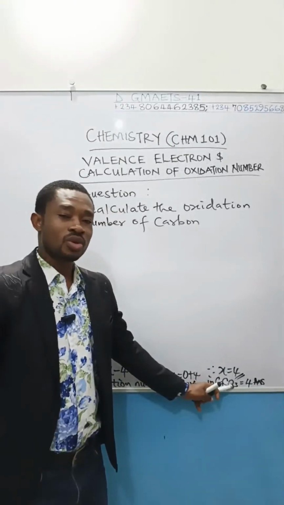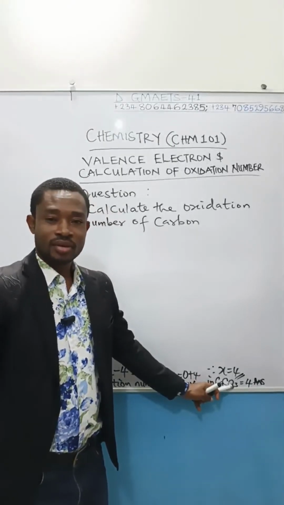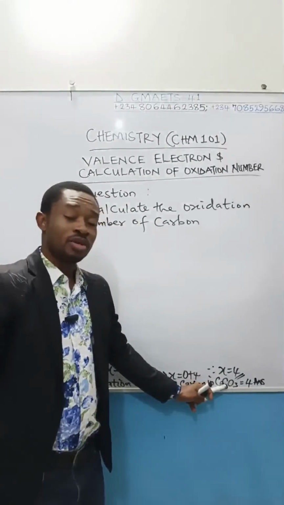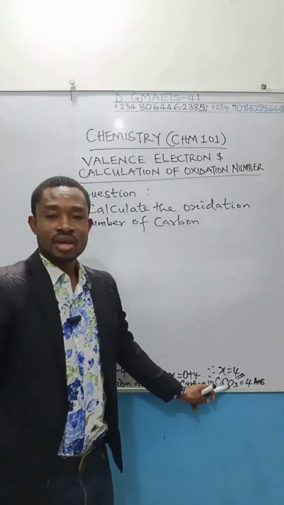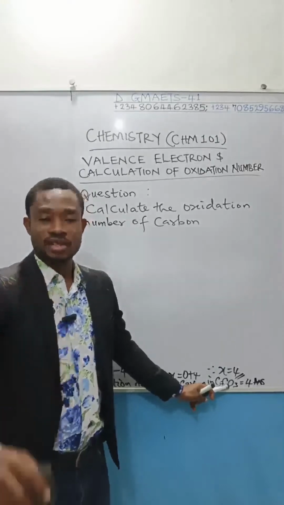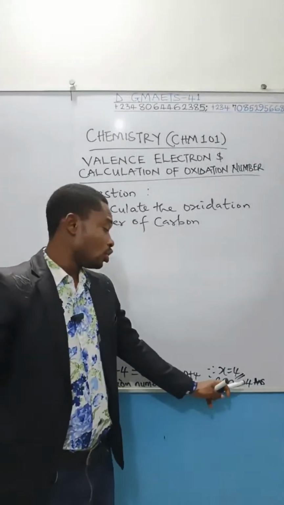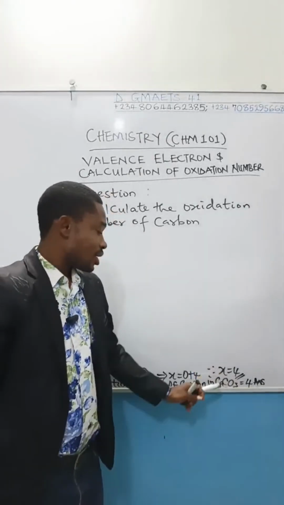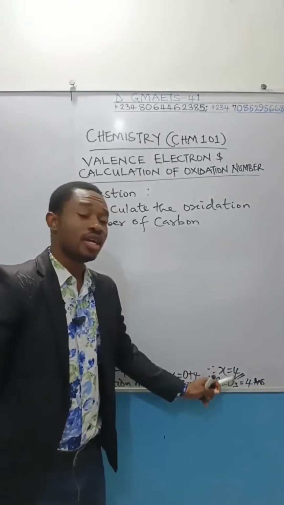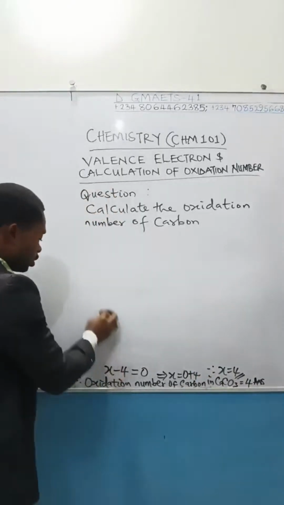Change the prefix to oxo. And then you come to the middle element, carbon. You now pronounce it carbonate. Change the suffix to ate, carbonate. And then you conclude with 4. So you now see how that 4 came about. Calcium trioxocarbonate(IV).